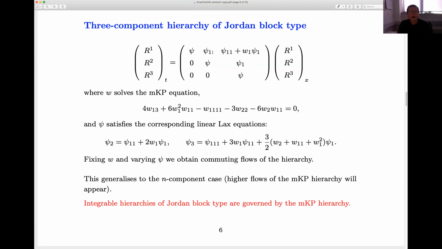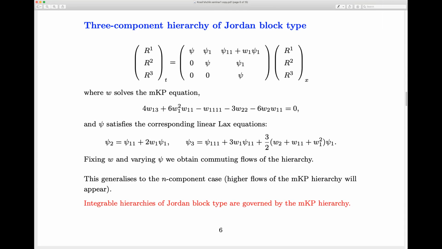Now what is W? W is a solution to this PDE. It's the MKP equation, the modified KP equation. It has three independent variables, R1, R2, and R3. So it's a single scalar equation in three independent variables. This is an integrable PDE.